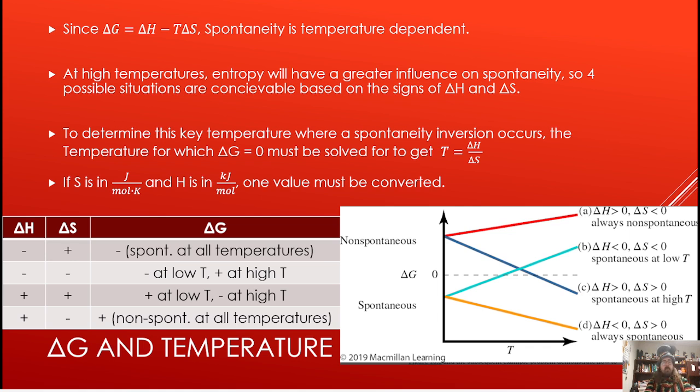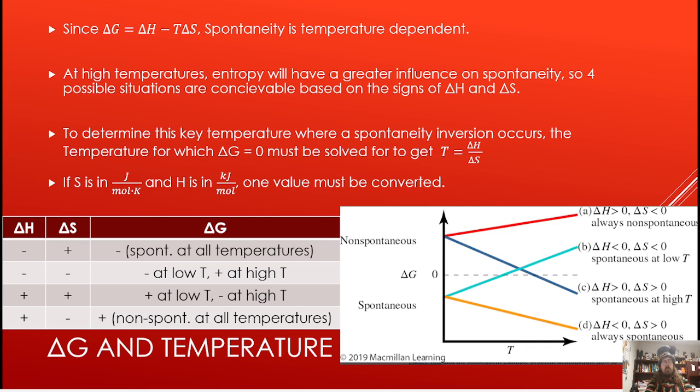We can imagine a scenario where entropy is negative and enthalpy is positive. So it's that red line. So it's endothermic and entropy decreases where it's never spontaneous. It's non-spontaneous at all temperatures. It starts above 0 and it only gets more positive as temperature increases.